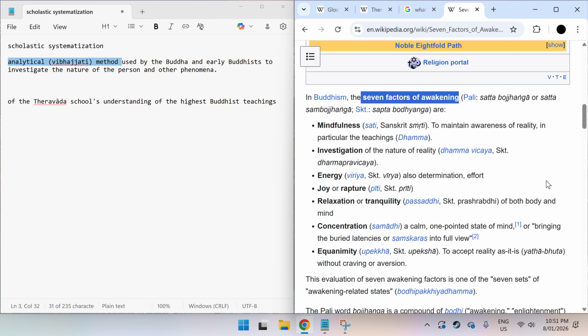So the one I'm interested in here, when we're talking about this analytical method used by the Buddha, is investigation of the nature of reality.